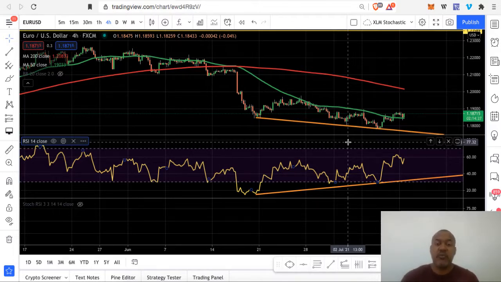In other words, the relative strength index is telling you that a move is coming. Right now, something different is happening in the price action, but eventually price action will catch up or will start to follow the relative strength index.